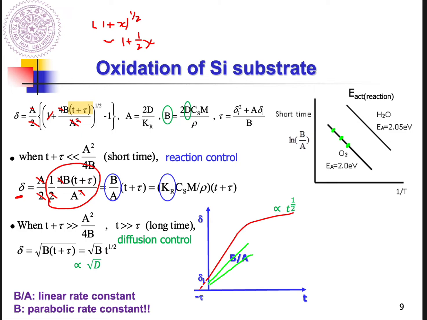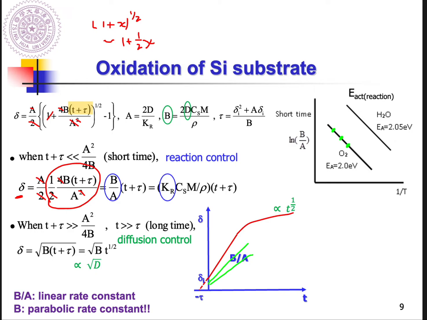Then after fitting, this slope will be log Kr, similar to the slope will belong to the activation energy, right? Because you use log B over A versus 1 over T. And this term actually includes Kr. If you plot log Kr versus 1 over T, then the slope will be what?